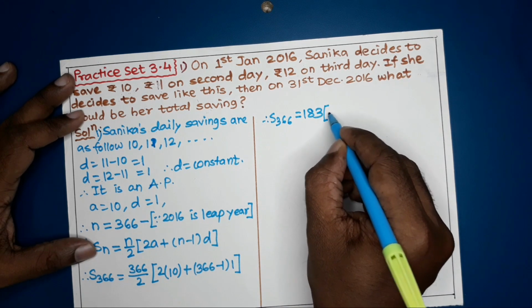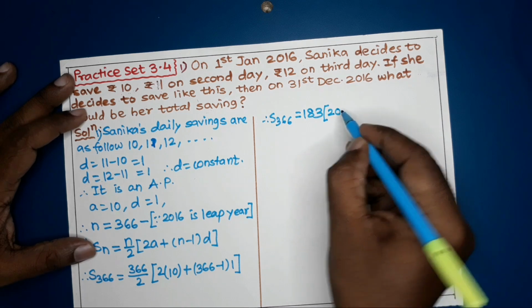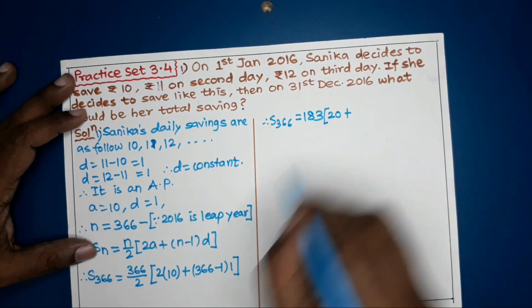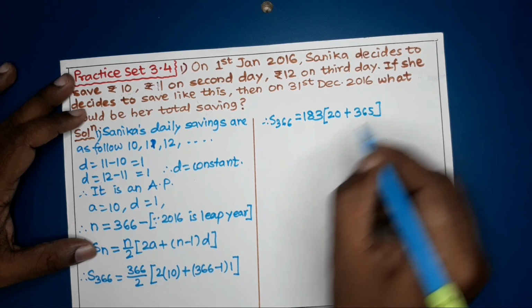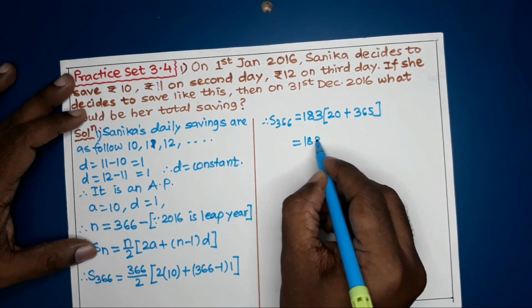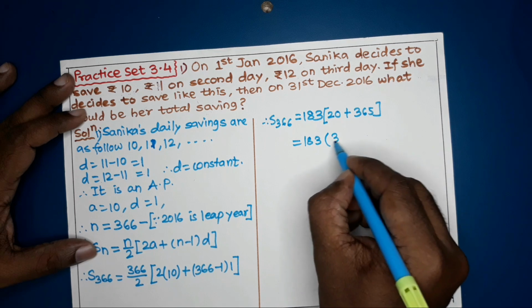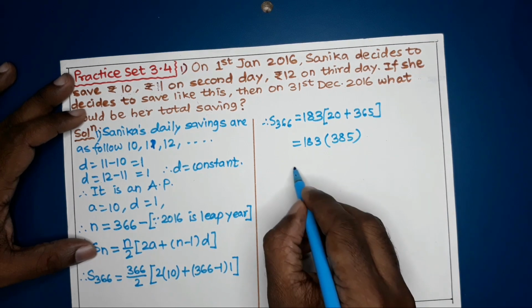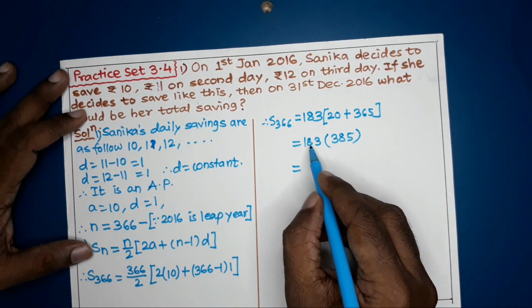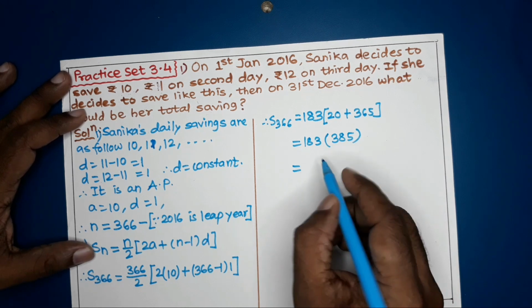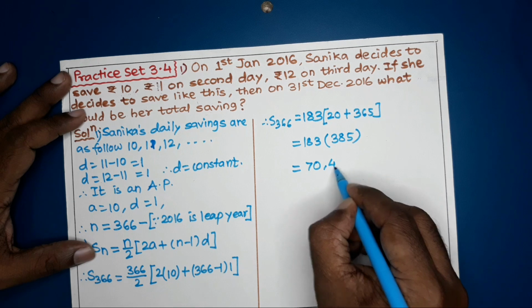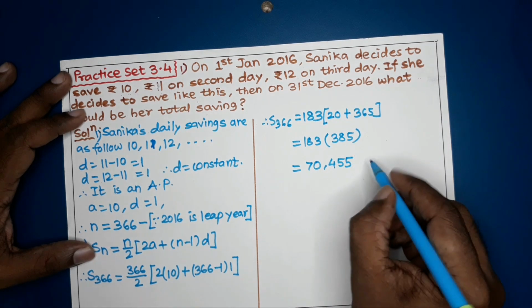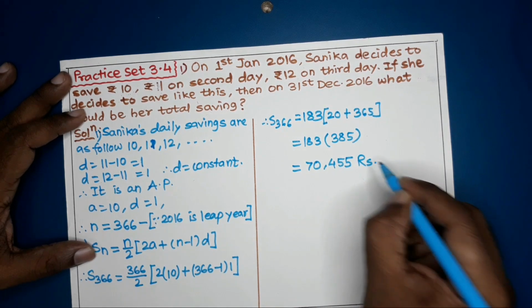In the bracket we get 2 into 10, 20, plus 365 into 1, 365. So go on solving this. In the bracket we get 385, and when we multiply 183 by 385 we will get 70,455, and this is the amount.